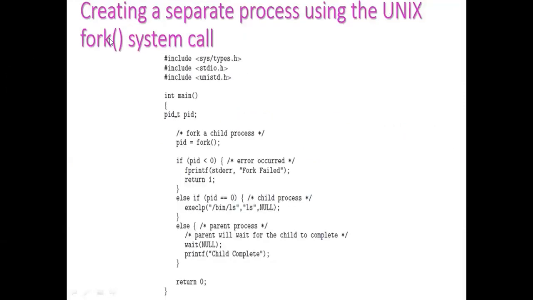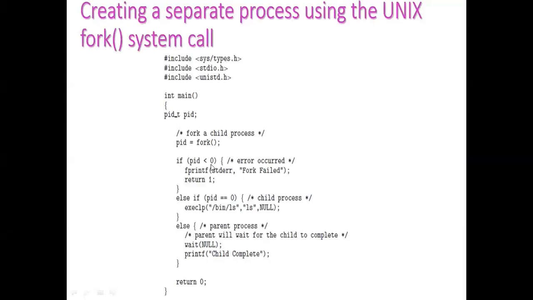So here you can see a Unix C program in which a process can be created. A child process is created using the fork system call, and three cases are possible.